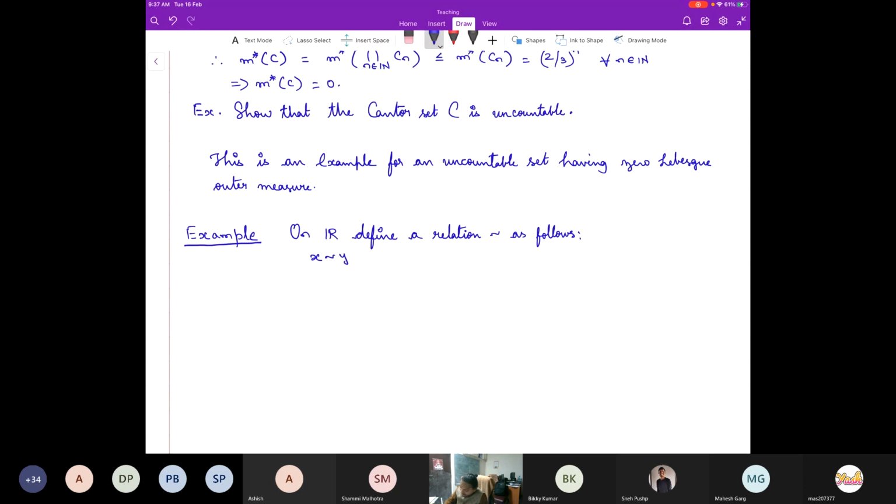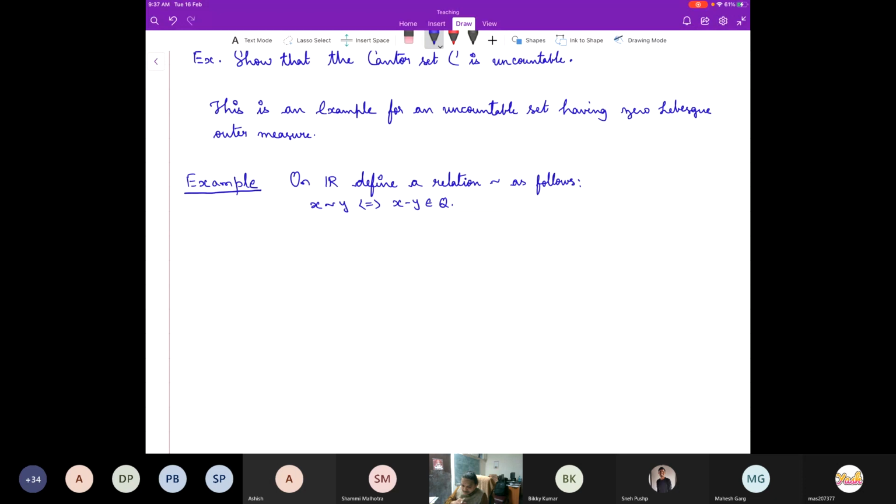X is related to Y if and only if the difference x minus y is a rational number. Yes, so this is the relation. Here is an easy observation that this tilde is an equivalence relation.